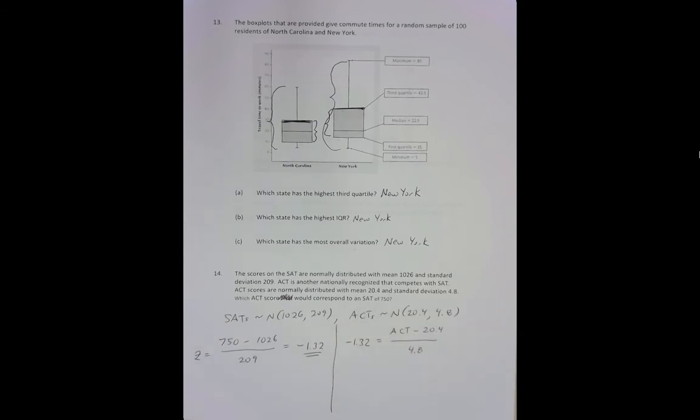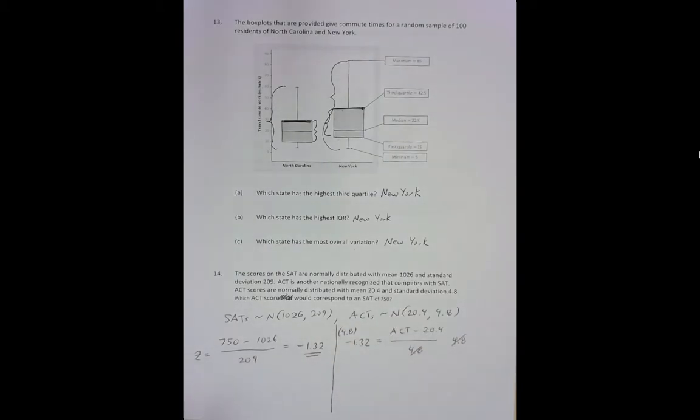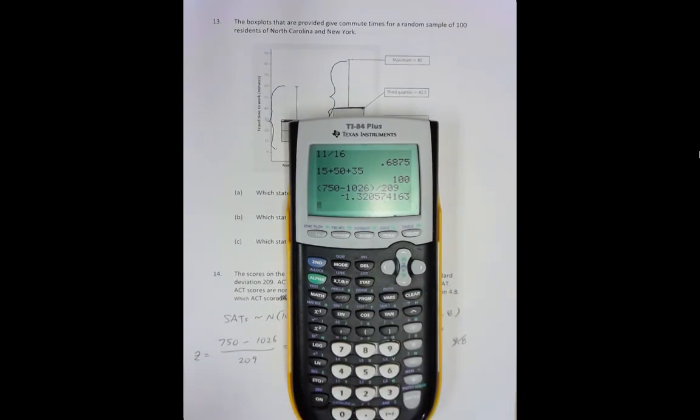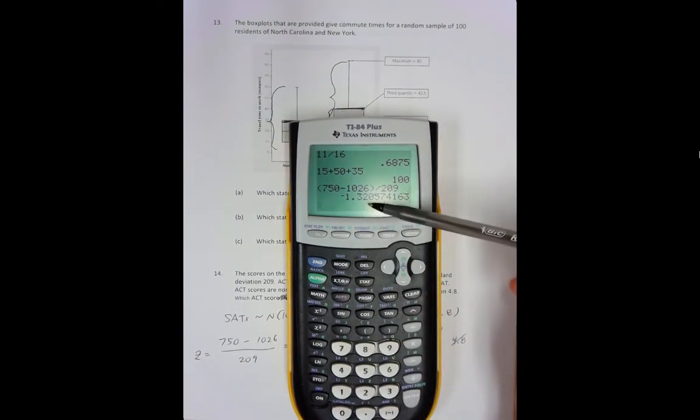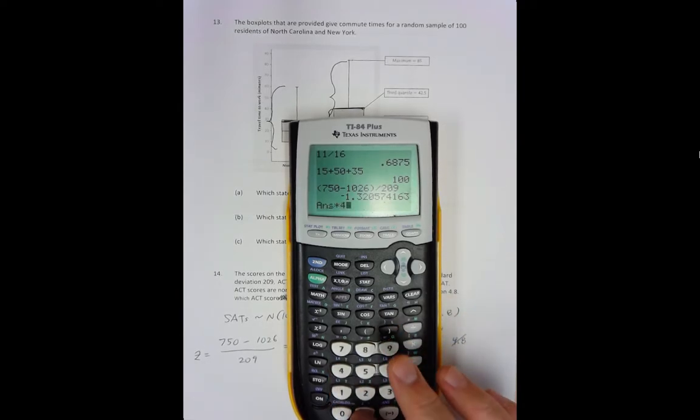It's ACT, so I just put the ACT. First thing I would do is multiply both sides by 4.8. Since I've got the entire z-score there, I'm just going to hit multiply and multiply by 4.8.